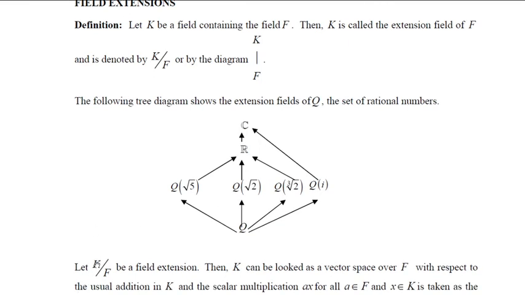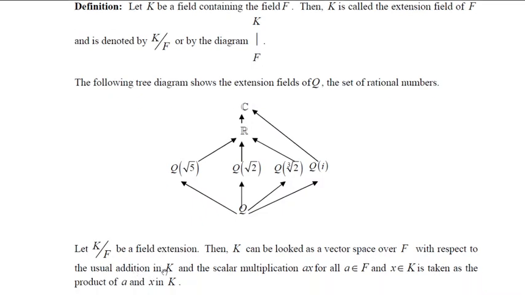And in fact, you should see that your extension field becomes a vector space over the field F with respect to the usual addition in K. Because K is a field, it is an abelian group under addition. And the scalar multiplication, that is, say, a times x, for all a belongs to F and x belongs to K, is valid.